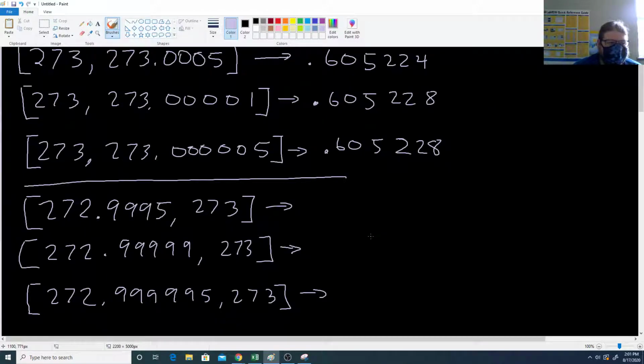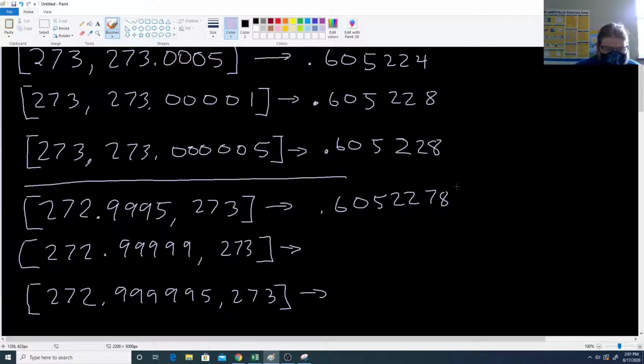Let's try the numbers that are on the other side. 272.9995. What about 272.99995? That gives me back 0.6052278. How about 272.99999?